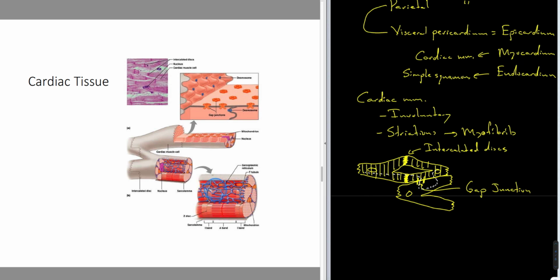When one cell releases its calcium, which causes activation of actin and myosin, that calcium can now diffuse into the next cell via gap junctions. This allows for all the muscles to contract as a whole.